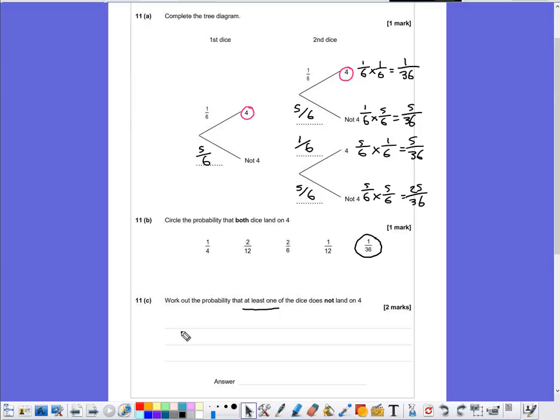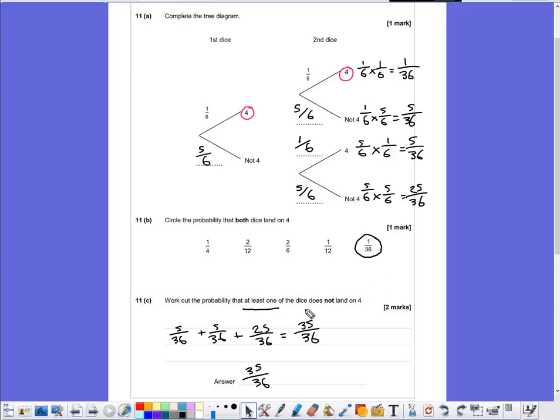So for our first method for working this out, we can just add together all of those probabilities. 5 out of 36, add 5 out of 36, add 25 out of 36, which gives us an overall probability of 35 out of 36 options will have at least one of the dice not landing on 4. And that was a very long way of calculating this, but it guarantees us our 2 marks.